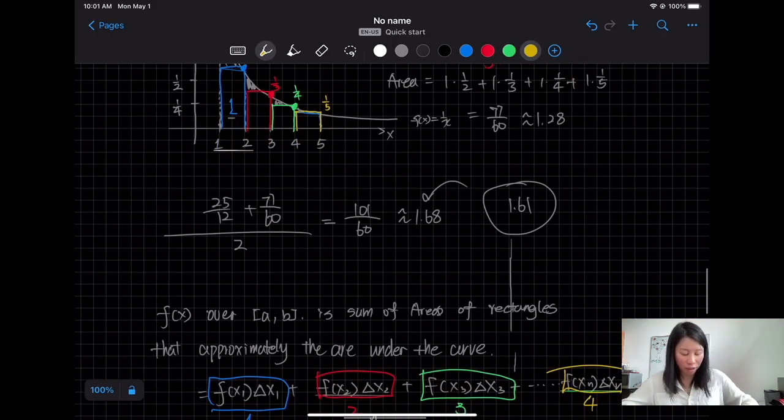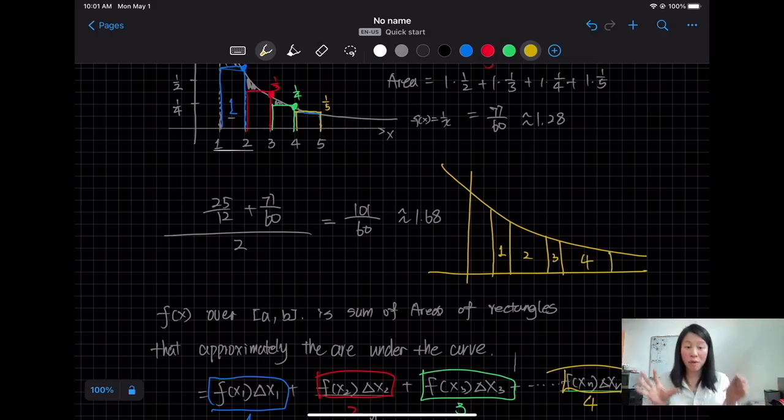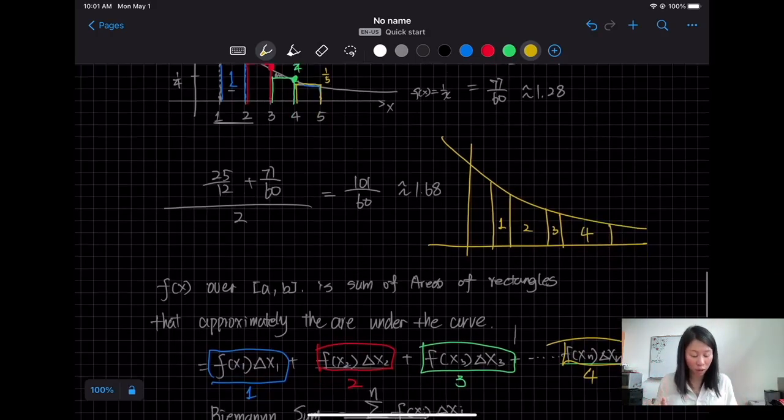If you think about a graph like this one, and I want to divide it into multiple blocks, like 1, 2, 3, 4, with different width and different height, that's totally okay.